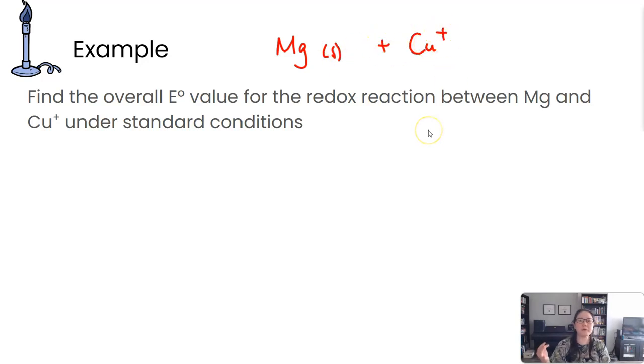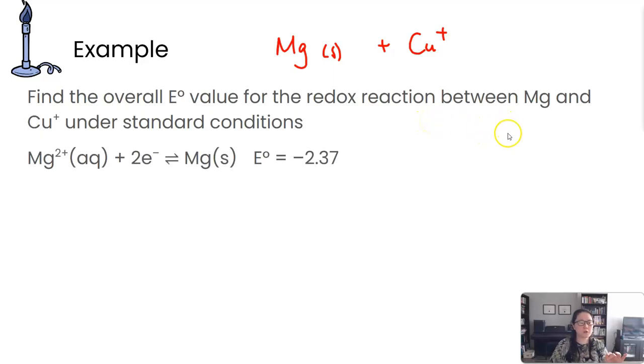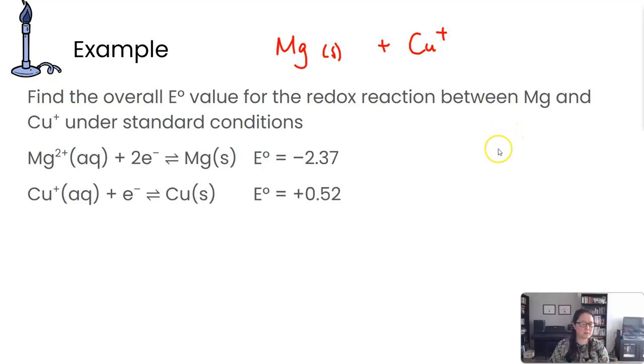We're looking at a redox reaction, so this magnesium is probably going to become an ion, and this copper is going to be displaced and become solid copper. So let's look at the reduction potentials that we can be looking at. We are looking at the oxidation of magnesium, and we're going to be looking at the reduction of copper. So the two relevant entries on that table are going to be these two.